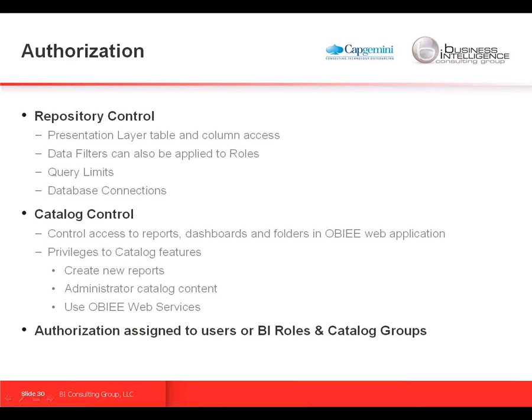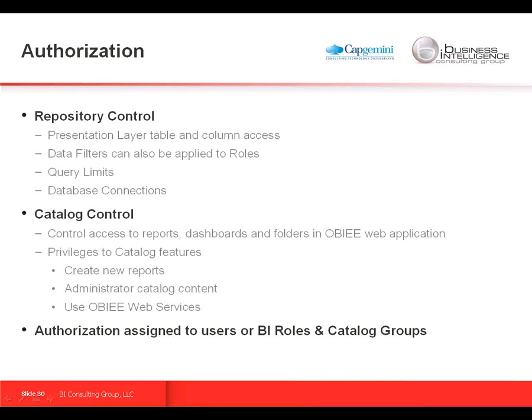We can use data filters to basically add criteria to our SQL to limit things. We can limit query in terms of amount of time or amount of rows returned. We can control access to database connections. They're all things that we can use repository authorization for.